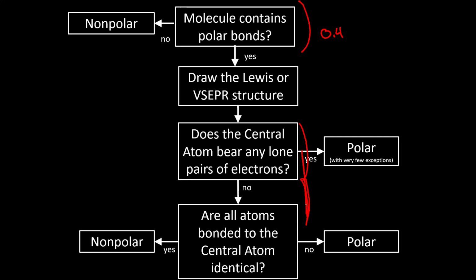These are kind of together. Do you have polar bonds? And then the next question is just, is it a completely symmetrical molecule? That's what these questions together are asking: if you have polar bonds and it is not 100% symmetric, then it is going to be polar.